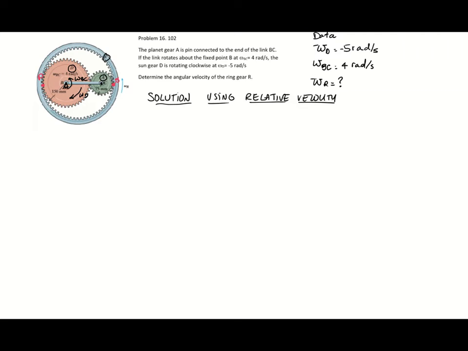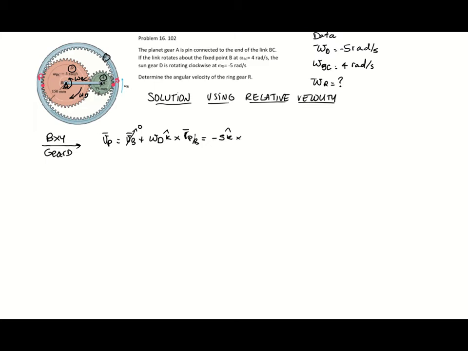So I have to use the data that is given to find the velocity of these 2 points. First I'm going to use a system fixed at the origin at B, fixed to gear D. With that, I will be able to find the velocity of P, which is the velocity of B plus angular velocity of D, which is given in negative k, cross the distance from P to B. B is a fixed point, therefore we have negative 5k cross.